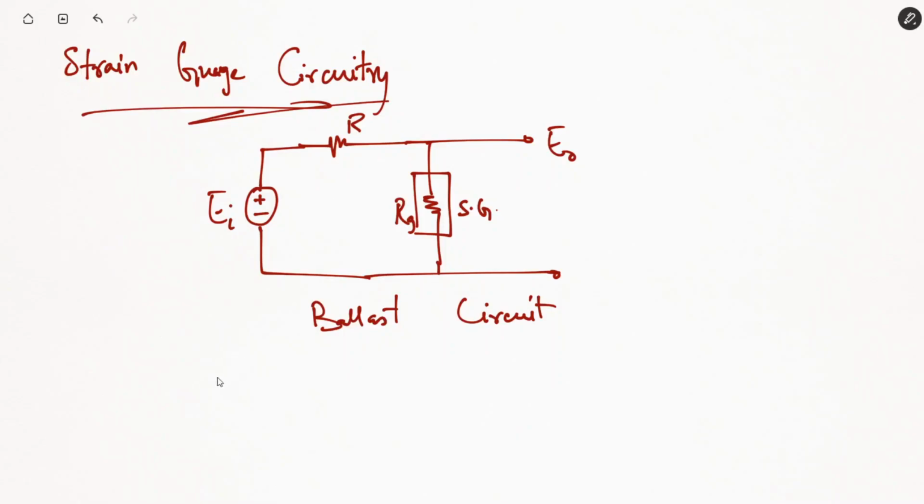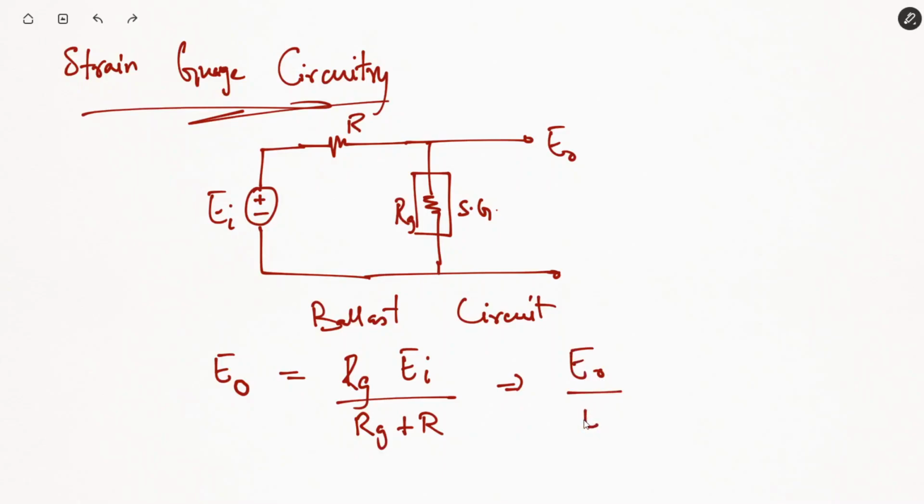So deriving the mathematical equation for this, as we derived in case of a potentiometer, E naught using the voltage divider law will simply be equal to Rg into EI divided by Rg plus R. So we have to differentiate this equation with respect to Rg.